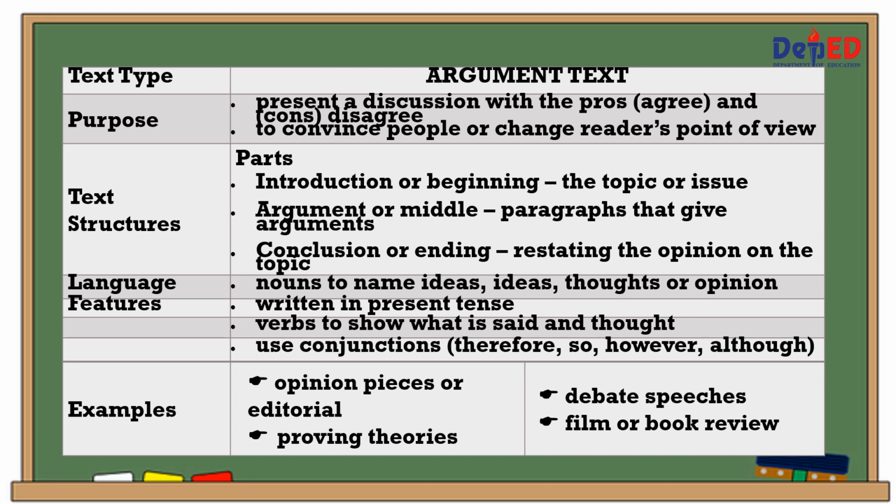Language features. It has nouns to name ideas, thoughts, or opinion, written in present tense, verbs to show what is said and thought. Use conjunctions: therefore, so, however, although. Examples: opinion pieces or editorial, proving theories, debate speeches, film or book review.